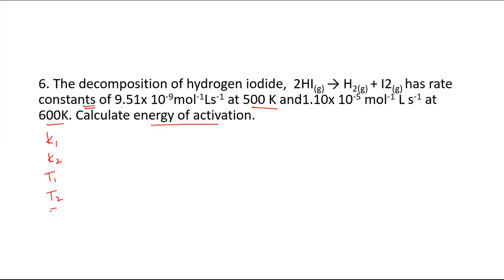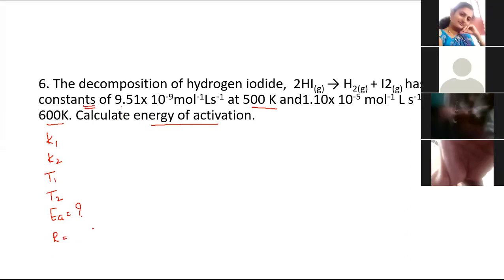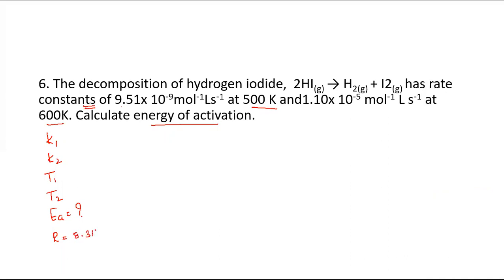Energy of activation, EA you need to calculate, and R value will be constant here. The R value will be given sometimes, if not you have to take. Since it is activation energy, the value will be 8.314 joule per Kelvin per mole. So this is a constant value that you have studied in your first PUC.